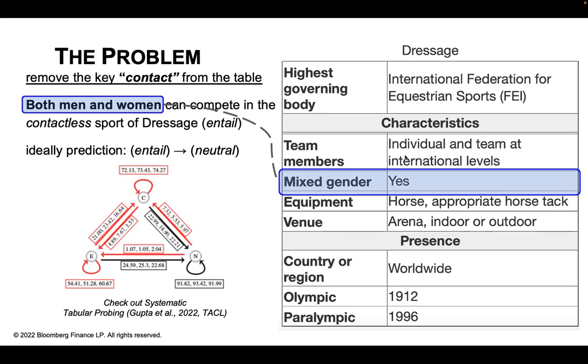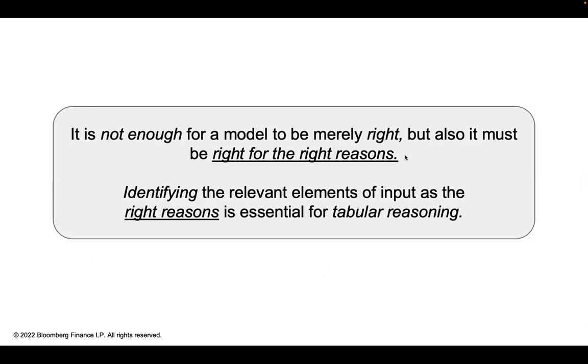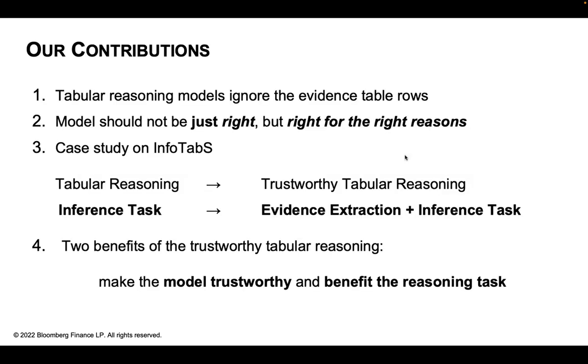There are many cases where the model really fails. This further highlights the importance of getting the right evidence in the reasoning steps. So we argue it's not enough for the model to be merely right, but also it must be right for the right reason. Therefore, identifying the relevant elements of input as the right reason is very essential for tabular reasoning.